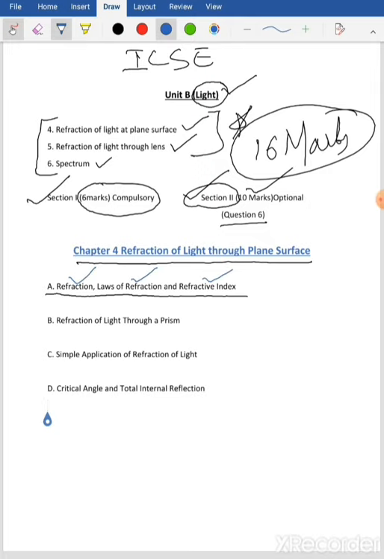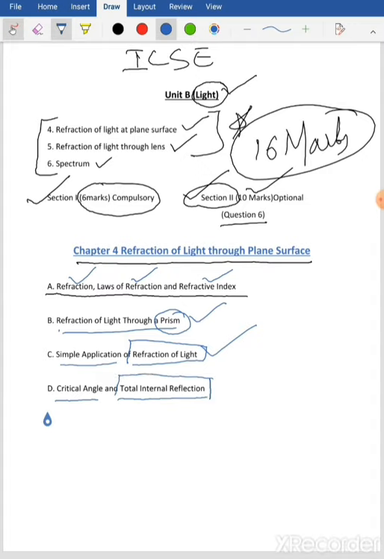So you have to learn 3 things in unit A. Then you have to learn about prism and refraction through the prism in unit B, and you have to learn about applications, that is uses of refraction of light, or how you can apply the concept of refraction in our day-to-day life, in unit C. And in the last unit, that is unit D, you will be learning about critical angle and total internal reflection.